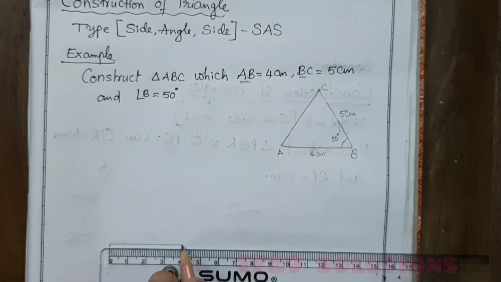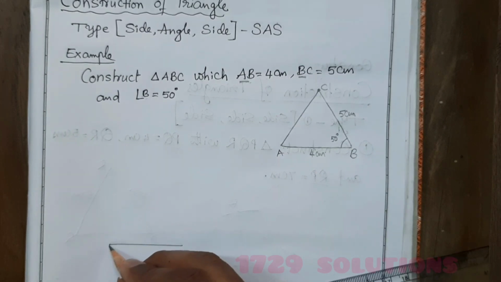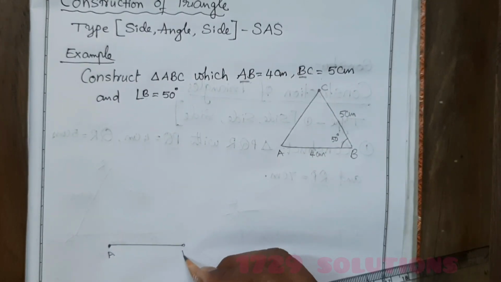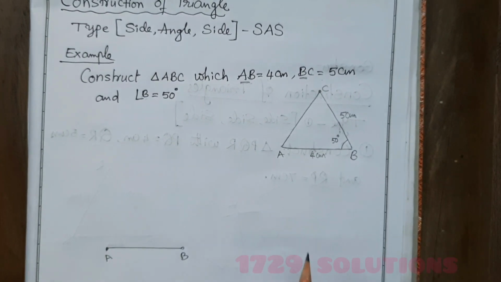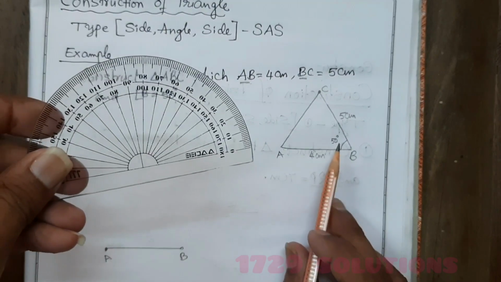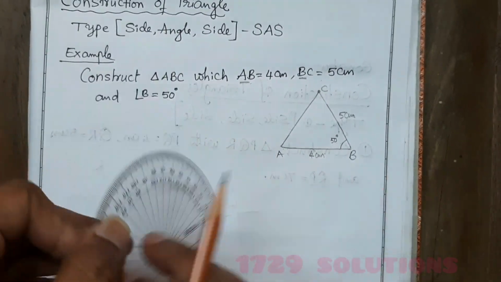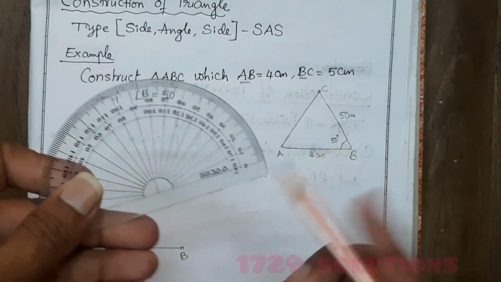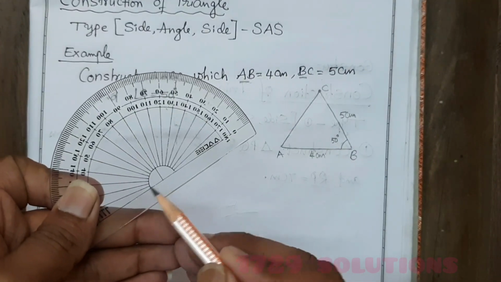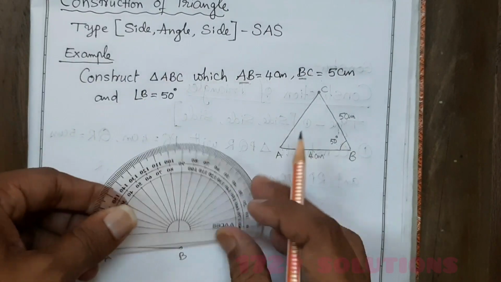Now, after drawing a line segment, take the points A and B. Now you need to take a protractor and observe the angle B is 50 degrees. So take angle B and match these 2 points, coincide these 2 points, so the line matches with AB.